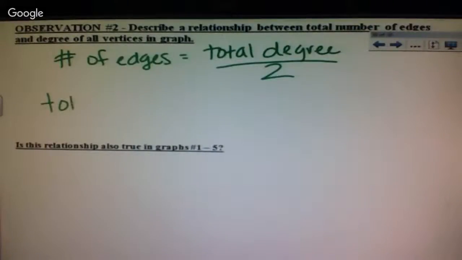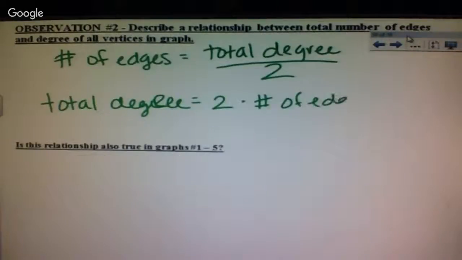Or you can also say your total degree is 2 times the number of edges. So if they tell you your number of edges is 7, you should be able to tell me your total degree is 14. Okay.